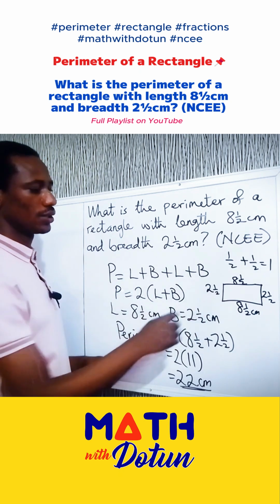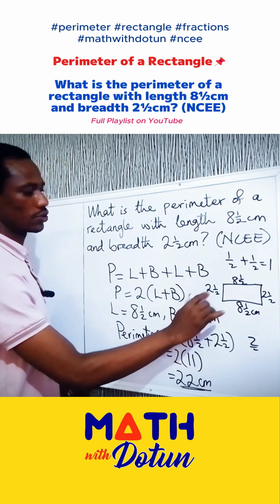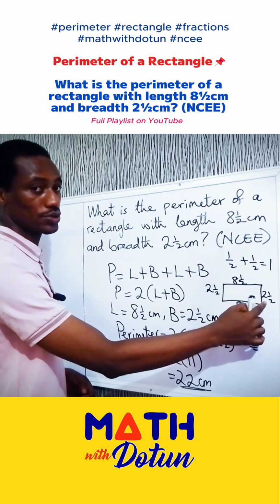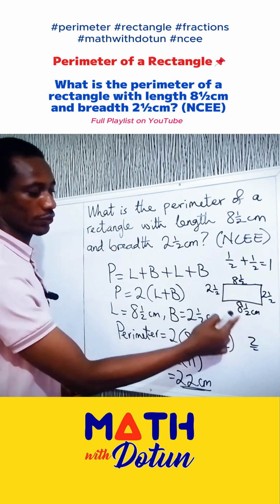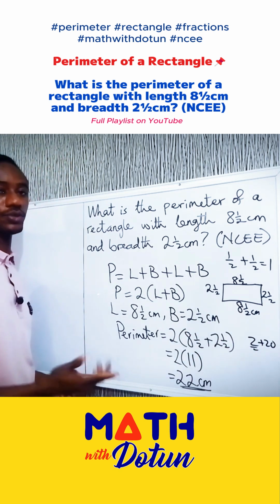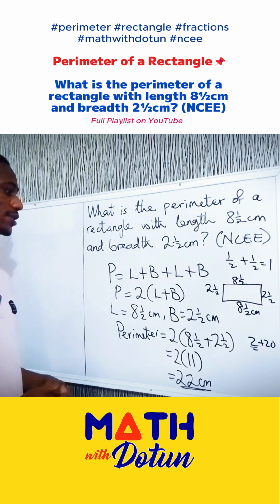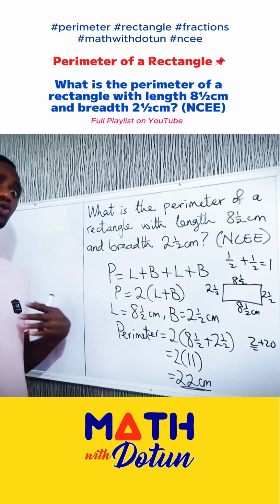So you have 2 from the halves, then add the whole numbers. 2 plus 8 is 10, 10 plus 2 is 12, 12 plus 8 is 20. Then we add that to the 2 of the halves, and that will be 22. So the perimeter of a rectangle with length 8.5 centimeters and breadth 2.5 centimeters is 22 centimeters.